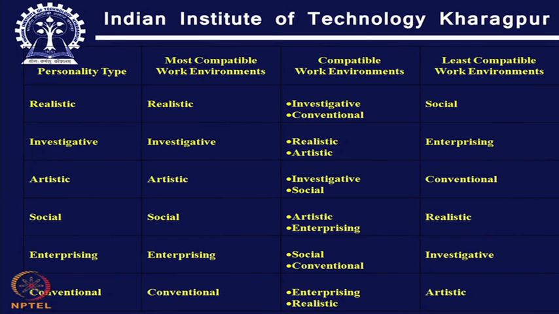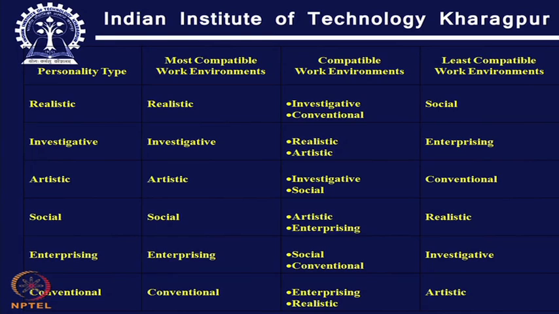After that is of course realistic and artistic in nature, but less compatible work environment is enterprising. Similarly, if we go down the list, for artistic, the most compatible work environment is of course artistic, then investigative and social, and least is conventional.